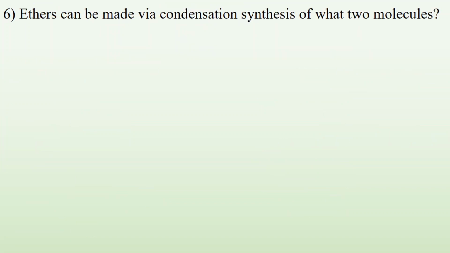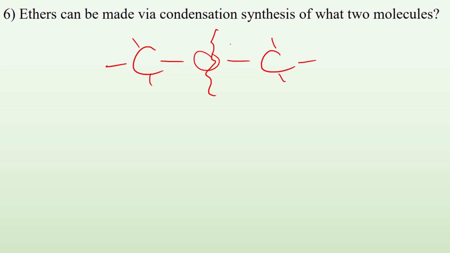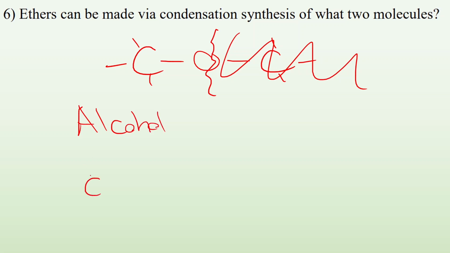Question 6. Ethers can be made via condensation synthesis of what two molecules? So let's draw out an ether, COC. This is the simplest one. If I cover up half of this and ignore all this, what do you see? Well, it almost looks like an alcohol, right? We could have started with methanol.